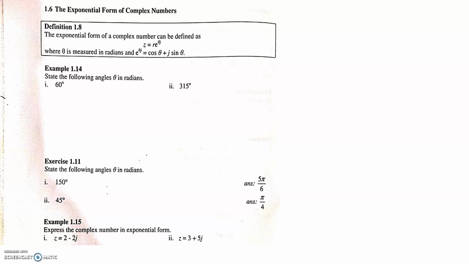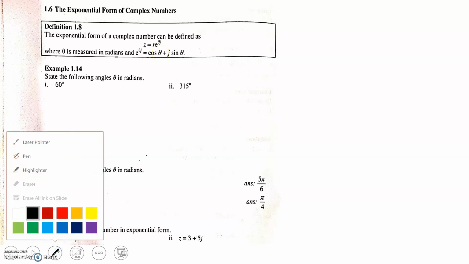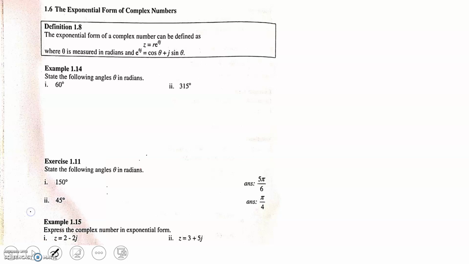So to convert our angle theta into radians, we are just going to use a formula: angle theta times pi over 180. Okay, let's try to use the formula. Exercise 1.11.